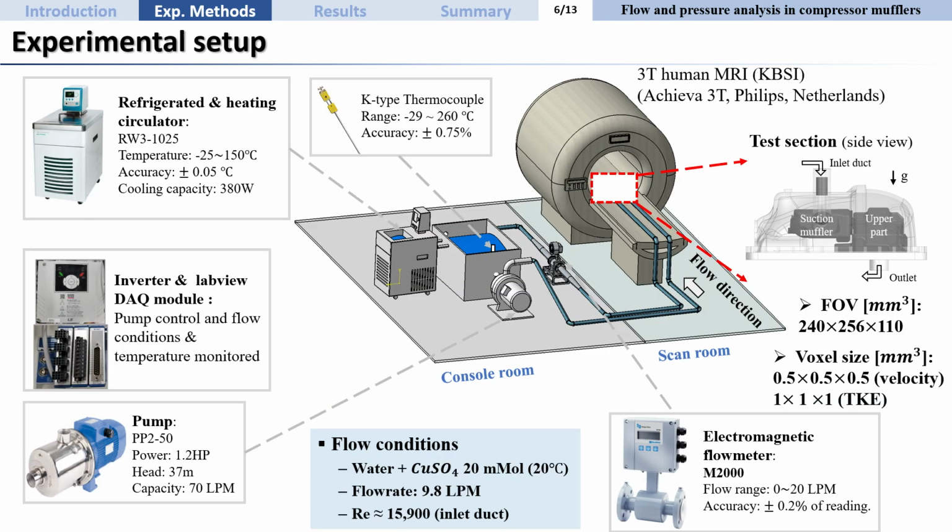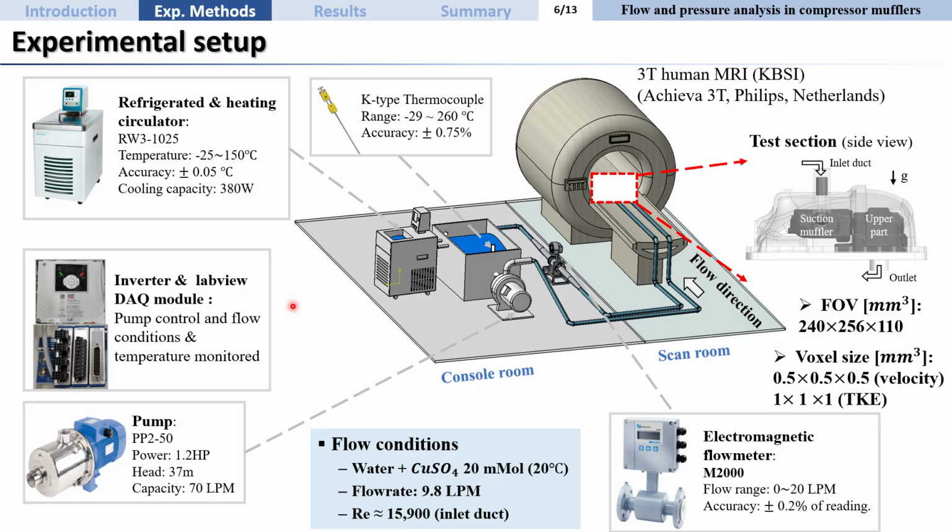Okay, and next, I will briefly explain our experimental setup. The MRV experiments were conducted using a 3T human MRI at the Korea Basic Science Institute Ochang campus. As you can see in this figure, we have a closed loop circuit, including a pump, a flow meter, a reservoir, and flow control and data acquisition instruments.